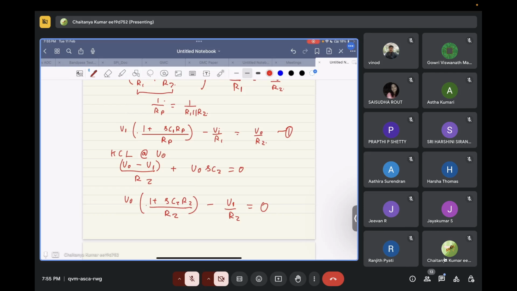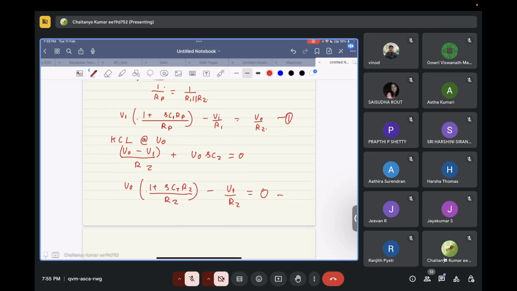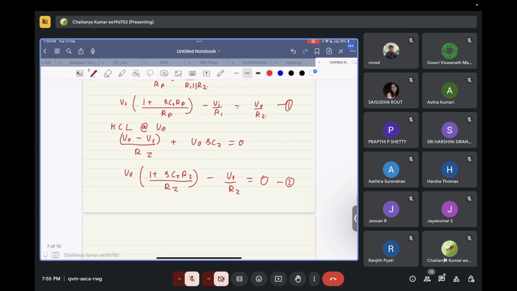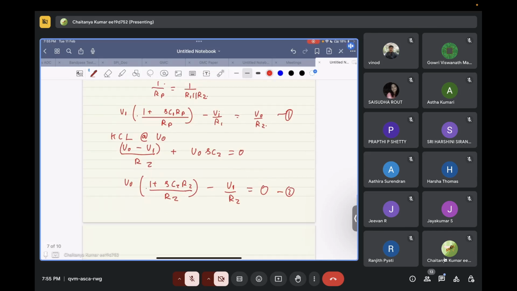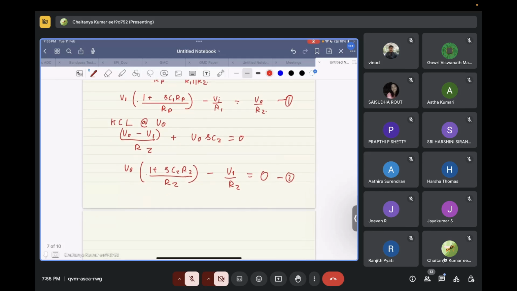Correct? So from equation 2, you can write V1 as V0 times (1 plus sC2R2). So you can substitute it into equation 1.